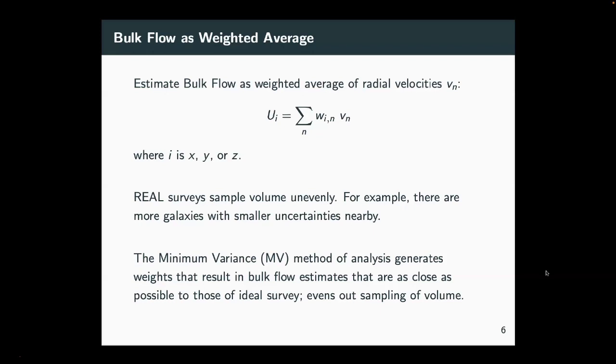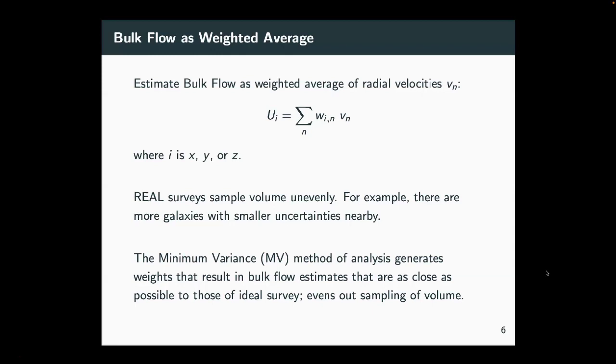Okay, so real surveys, when you look at real surveys, they don't sample the volume very evenly. Generally most of your information from your survey is going to be for nearby galaxies. Not only does the sample tend to contain more nearby galaxies, but they also have smaller uncertainty.